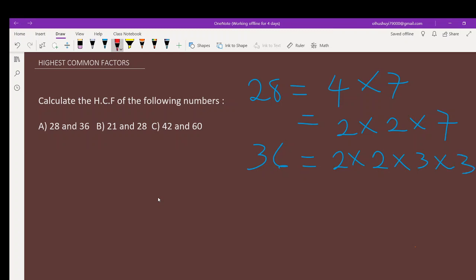So what are the common factors here? This is common, this is common, no other thing is common. So the H.C.F is 2 times 2, which is 4. You get that? Let me use the other marker so that you can see what I'm writing very well. That is 4. So it's as simple and direct as that.